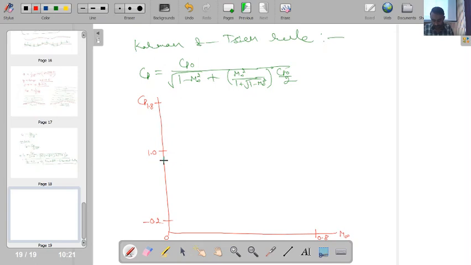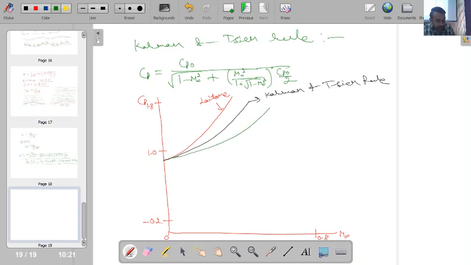Okay, so say this is the equation as per Laitone rule, then this is the equation from Karman and Tsien rule, and say this is the equation from Prandtl-Glauert rule.